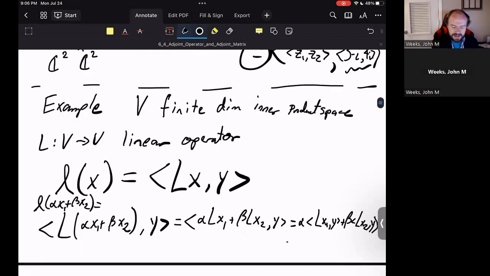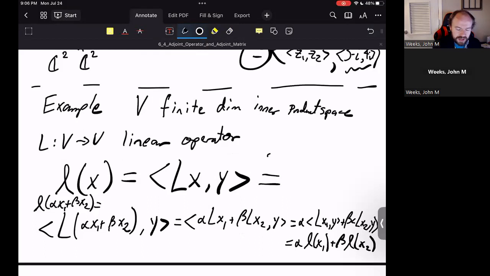And finally, if I look at what the inner product of Lx1 and y is, this is just plugging in x1 into the functional, and likewise for x2. And that exactly means that this is a linear functional. So this is another example of a linear functional.